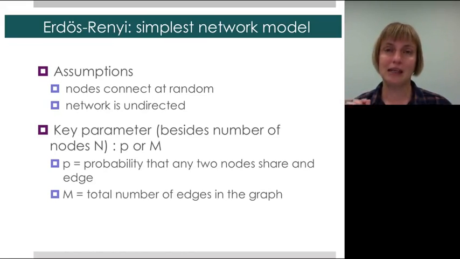And the last assumption, or the last parameter, is what the probability is of any two nodes connecting. We'll call this probability P. So for example, any two individuals might have a probability of 0.1 of having an edge, meaning that 1 out of 10 edges that could exist in the network actually do. Alternatively, what you can do is specify the total number of edges in the network. We'll call this M, and then allocate those randomly among all pairs of nodes.